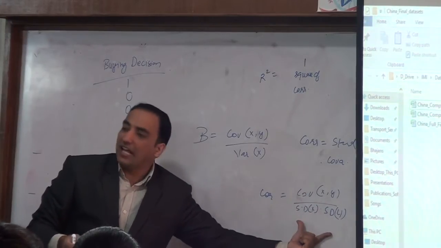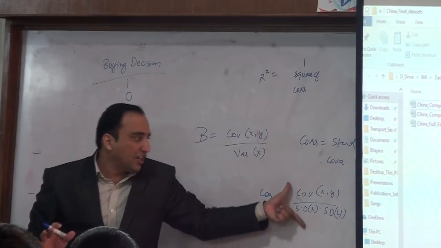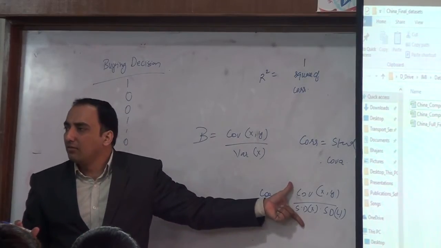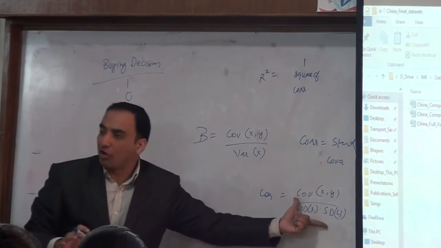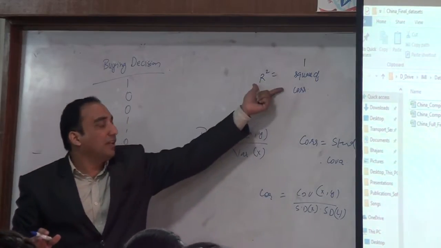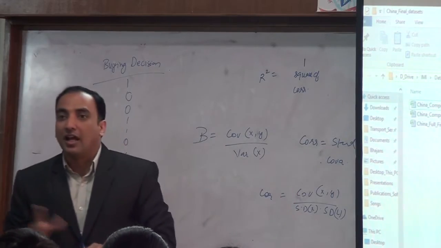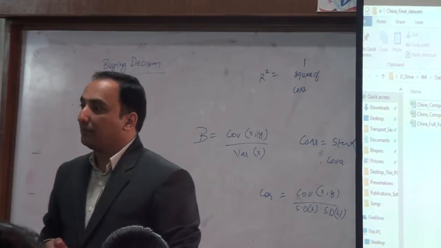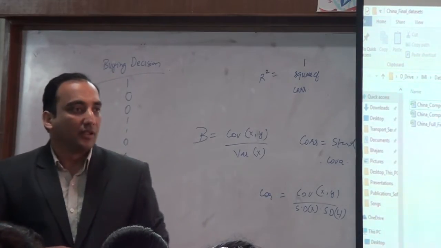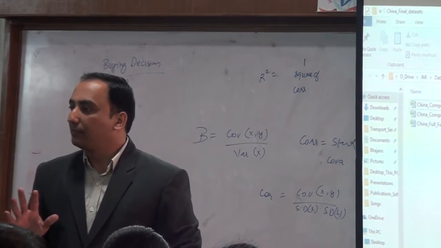So I am telling you the covariance does not make sense. If I standardize something which does not make any sense, will the standardized value make sense? I am trying to make some sense out of nonsense. If this is not relevant, and I am squaring that also, is it going to make sense?